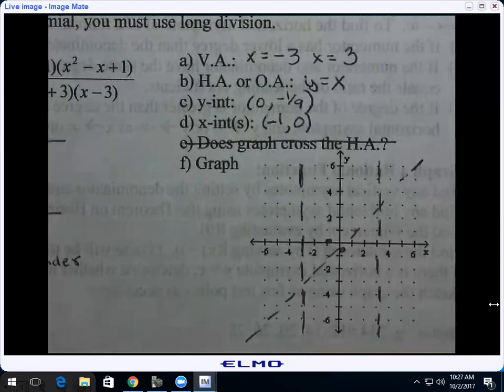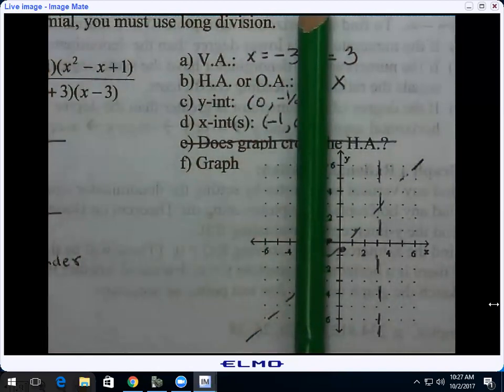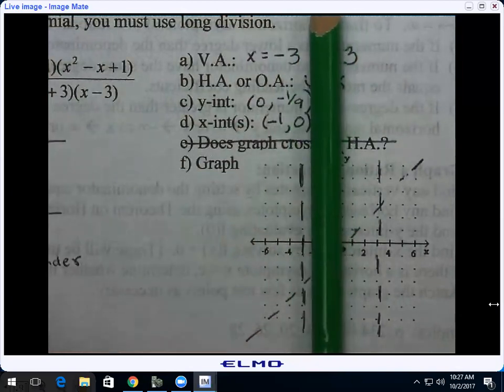I'm going to train my brain to look to the left and to the right of each vertical asymptote. That's x equals negative 3. The graph either has to be above the oblique or below the oblique. Do I have anything that tells me which one it is? Why not above?